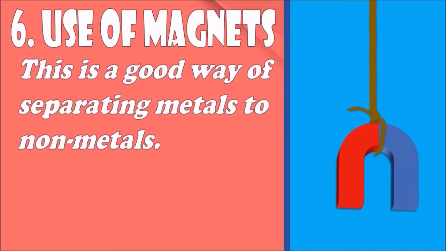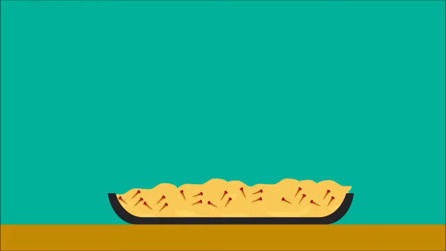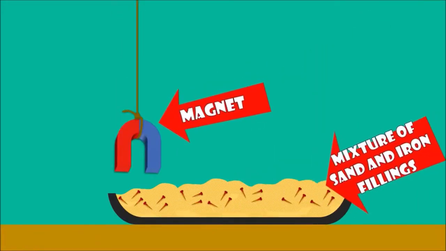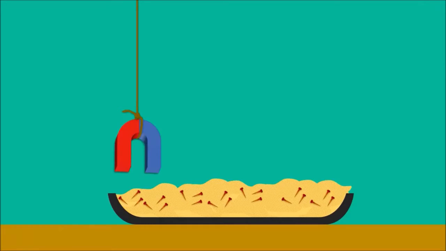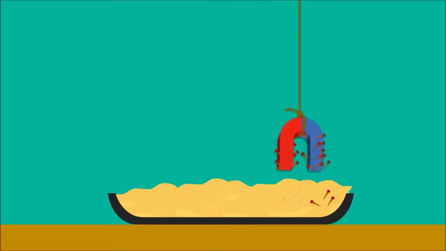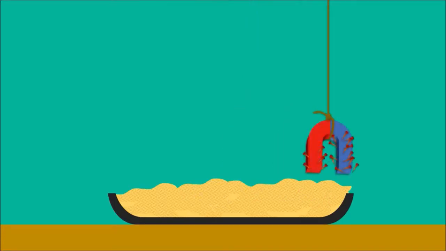Therefore, this is a good way of separating metals from non-metals. An example is the mixture of sand and iron filings. Here, iron filings can be attracted to a magnet, while sand is not. Therefore, hover a magnet over the surface of the mixture. By that, the magnet attracts the iron filings, leaving the sand on the surface.